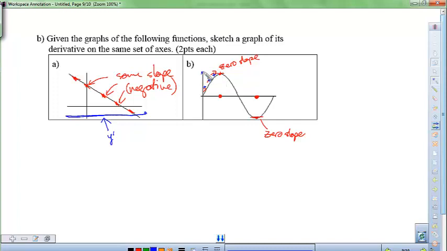So it starts off kind of high here, positive, and here it gets not so steep anymore, so it goes down. So we'll be following these points until you get to that zero slope. After you hit that first zero slope, you'll see that the graph now becomes decreasing.